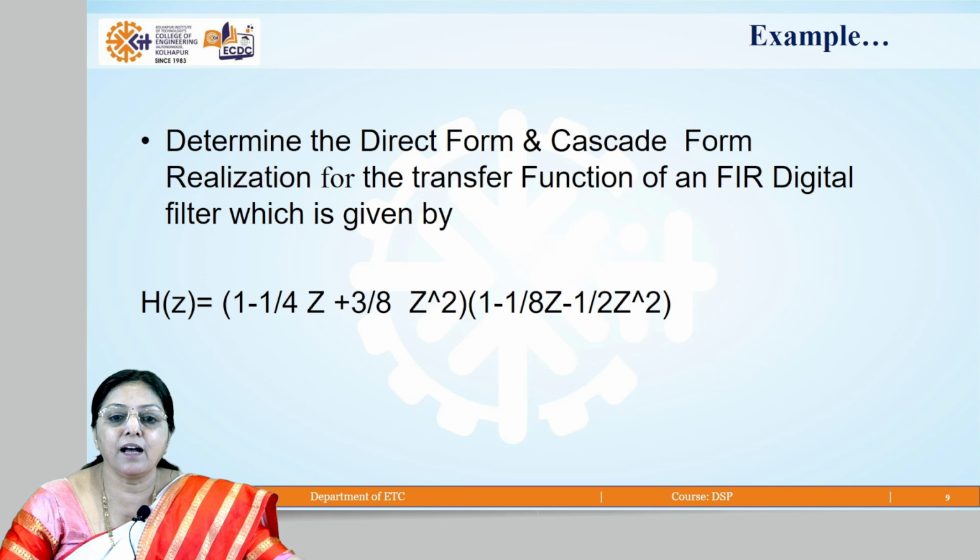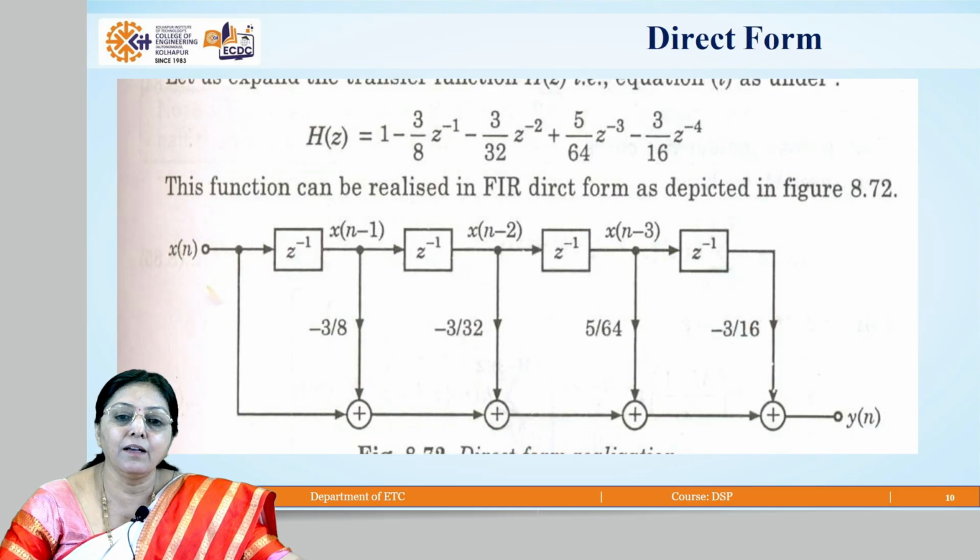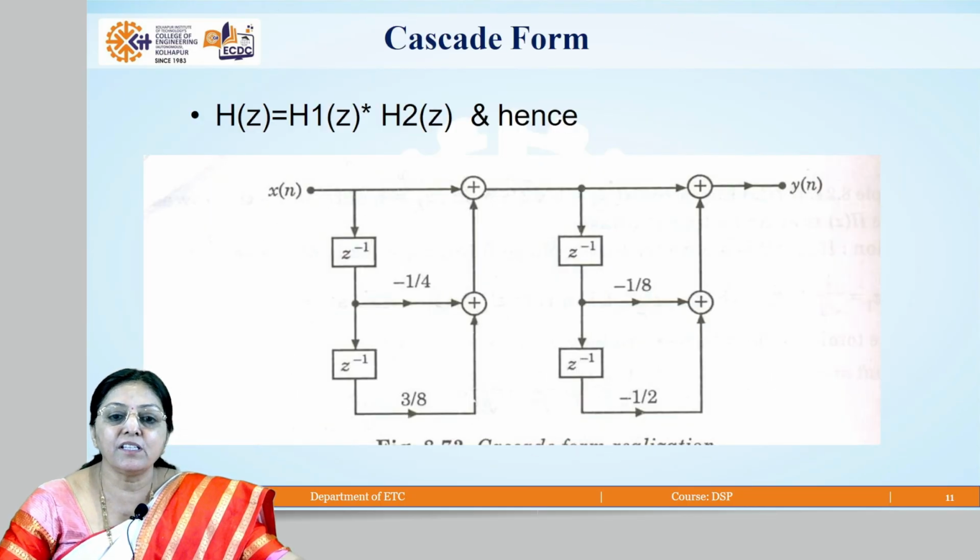It is not numerator and denominator, it is only numerator, but we consider this as H1 of z and this as H2 of z. So H of z is the multiplication of H1 of z and H2 of z cascaded together. We realize the first bracket separately, the other bracket separately, and then cascade them together. So this is our structure.